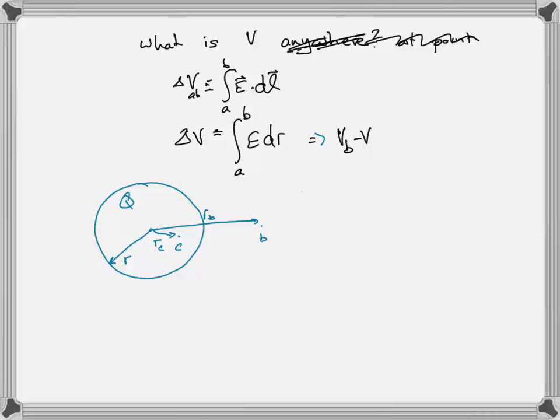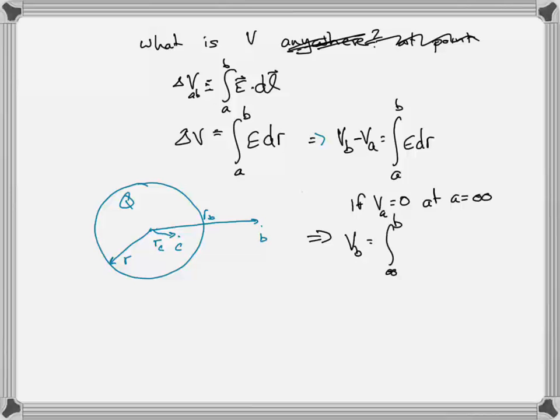So delta V is VB minus VA, which is the integral from A to B of E dot dl, or E dR in this case. If VA equals 0 at infinity, then VB equals the integral from infinity to B of E dR.